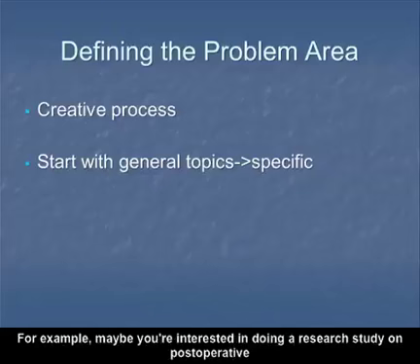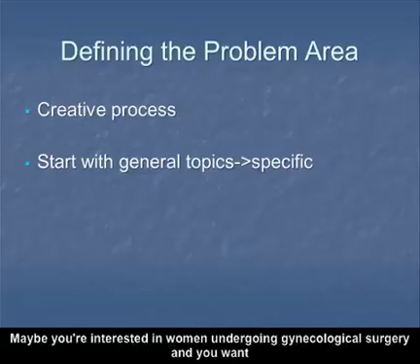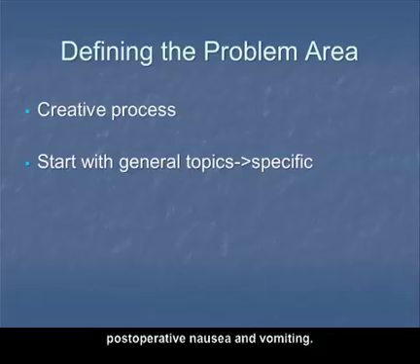For example, maybe you're interested in doing a research study on postoperative nausea and vomiting, but that's a pretty large topic. Maybe you're interested in women undergoing gynecological surgery and you want to see if administering a new medication decreases the incidence of postoperative nausea and vomiting.